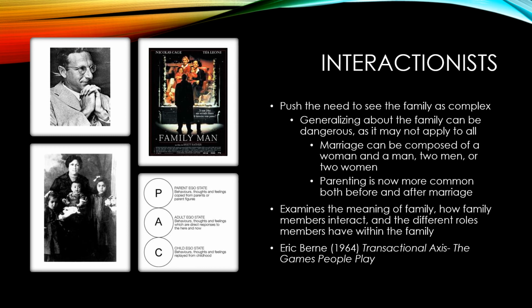In addition, thinking about the complexity of the family, parenting is also now becoming more common both before and after marriage, as well as if marriage doesn't occur, just between two people who are cohabitating, for instance, and are in a relationship. So it's less of a taboo to have kids before marriage nowadays.